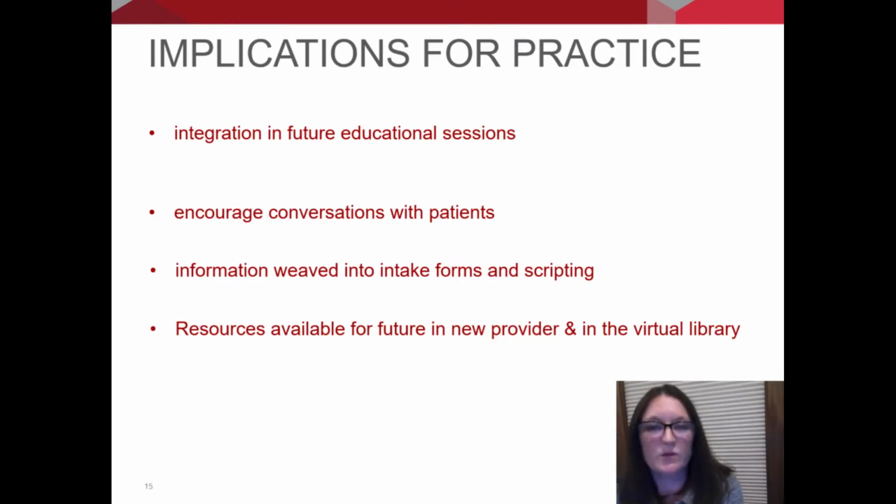This information will be available not only in hard copy in the new provider manual binder that is kept in the office, but it will also be kept in the virtual provider library on our secure database. As legislation and as laws are changed in the state of Iowa, this information will be updated so that providers can always be kept with the most up-to-date information.